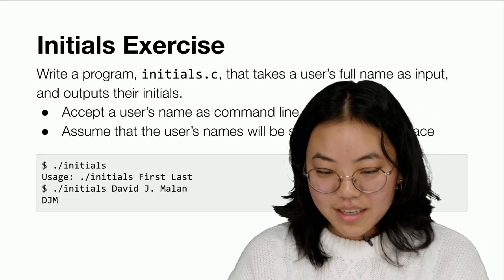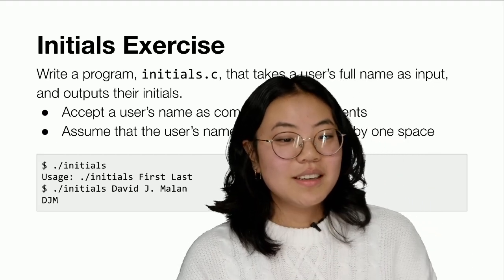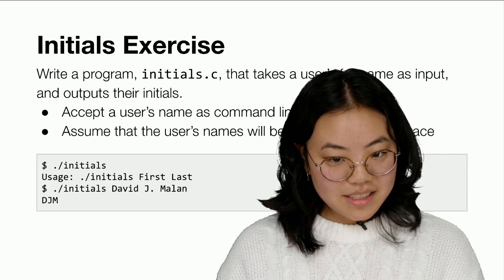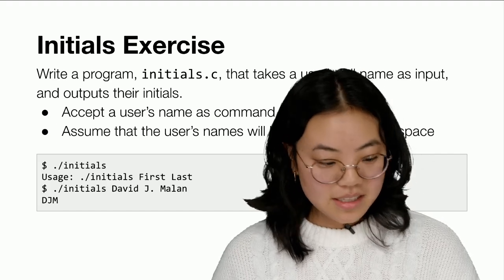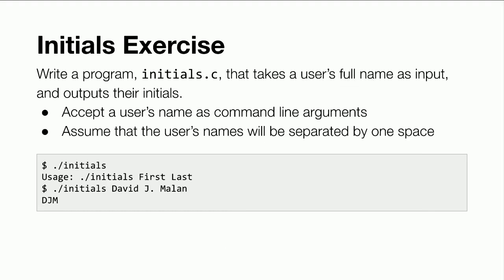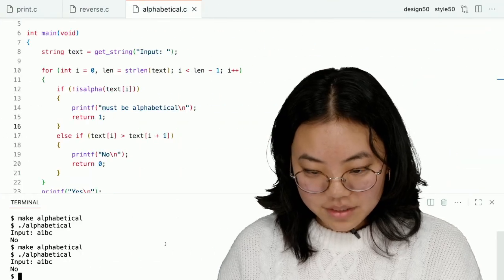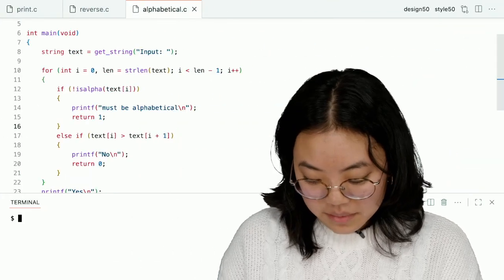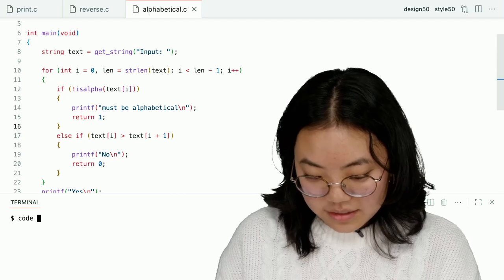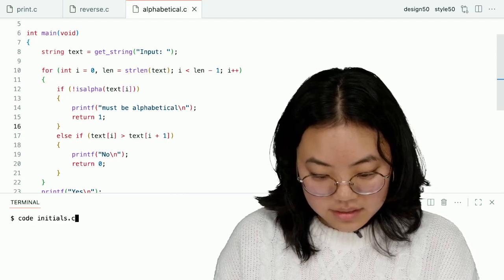Great. Okay, so let's do this final exercise. Write a program initials.c, just like we saw, that takes the name as an input and then outputs their initials. So we're going to accept them as command line arguments and assume that names will be separated by space. Okay, so let's move over here, clear my terminal, and code initials.c.